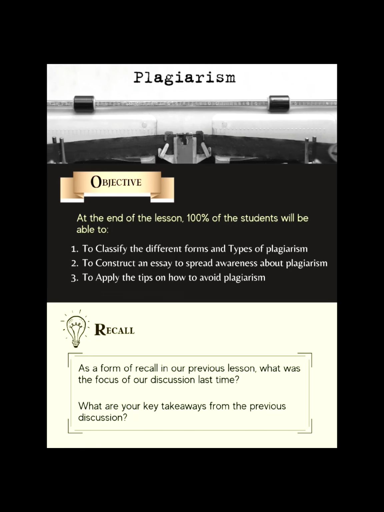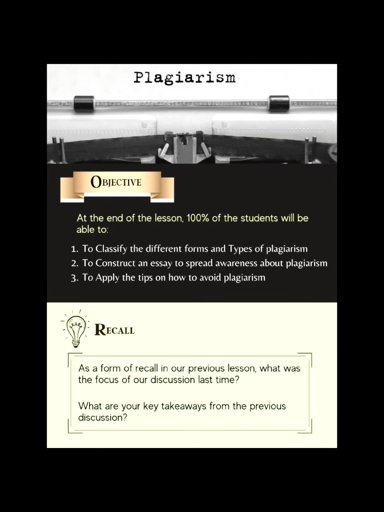But let us not forget about our previous discussion. Now, as a form of recall in our previous lesson, what was the focus of our discussion last time? Very good. Moving on. Our objective is that at the end of the lesson, 100% of the students will be able to classify the different types and forms of plagiarism.